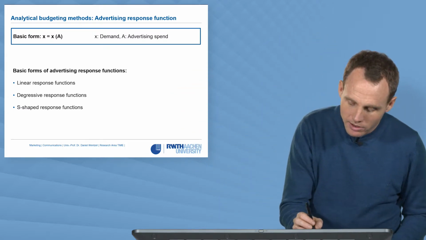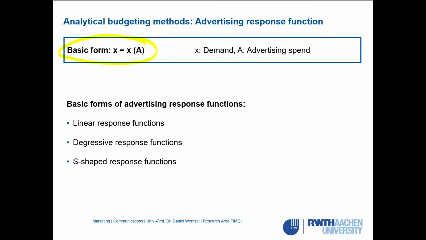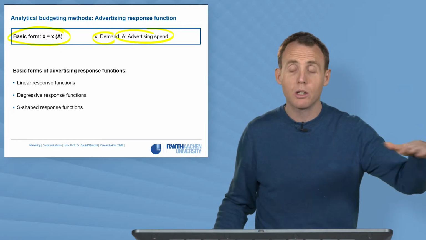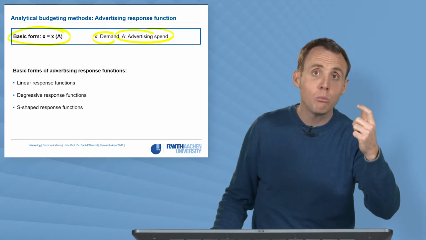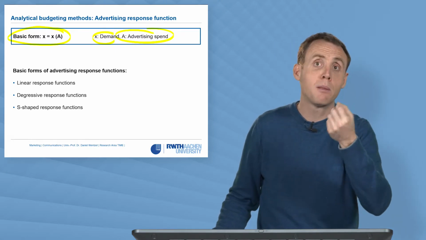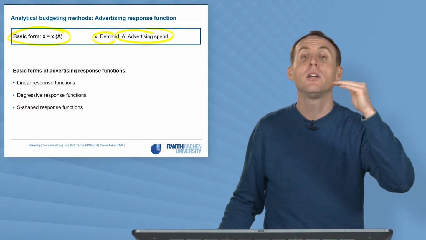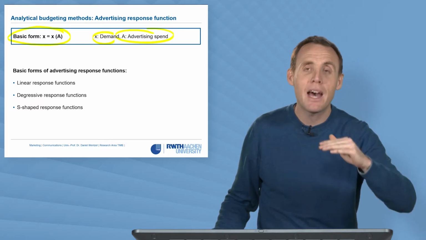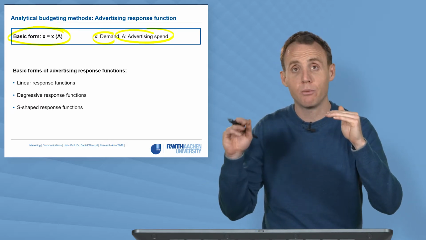What they say is that there's an advertising response function, where demand for a product X depends on A, the advertising spend. This is something we talked about in the pricing module, where we discussed the demand function, with demand depending on the price that you set for your product.